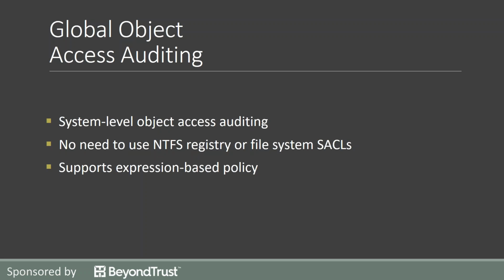In R2 we also get the ability to use expression-based policy, where we can switch on, for instance, file auditing for the entire system, but make it more specific in terms of what we actually want to put into the event log, what information we want to capture. But in order to use expression-based policy with global object access auditing, you need to have dynamic access control set up on your system. That might be a little bit more complicated to achieve.